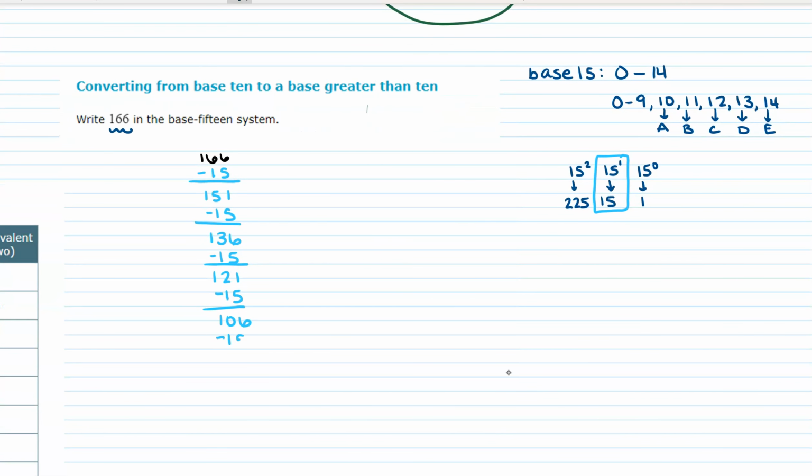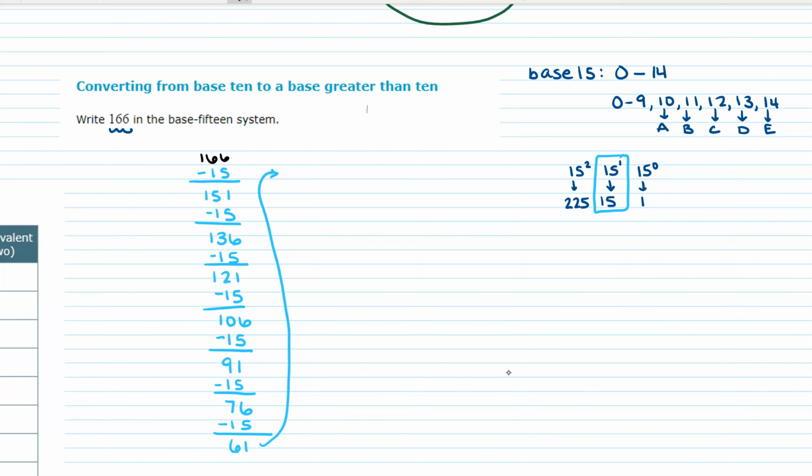Again, like I said, we're going to do this several times. Makes 91. Again, makes 76. Another subtraction makes 61.